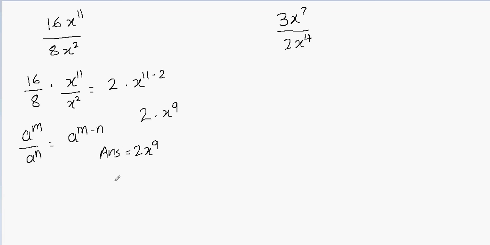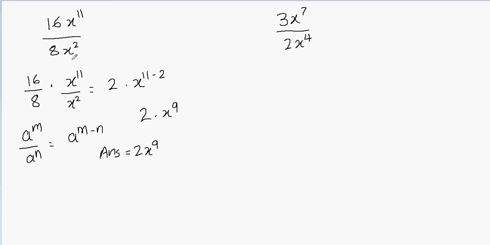And let's say I need to identify any value of x which will make this expression undefined. When identifying the value for which the rational expression is undefined, we need to identify the value of the variable that makes the original denominator equal to 0. So here you're going to look at the original denominator, not at the final answer. You don't look at the simplified answer, you look at the denominator.